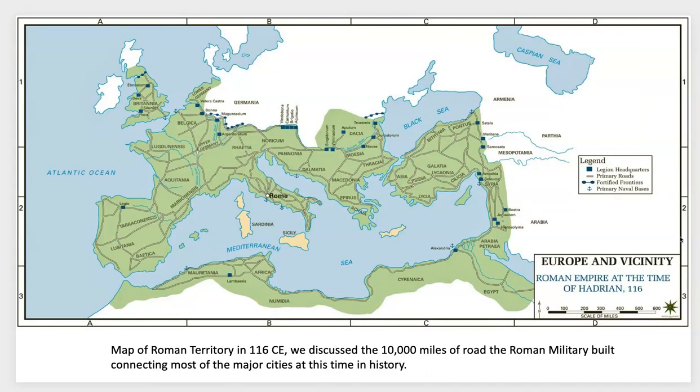Also to remind you of the Roman territory, and so we're starting this lecture in about the 5th century, but in around 116 CE, we had discussed that there were thousands of miles of roads that the Roman military had built.